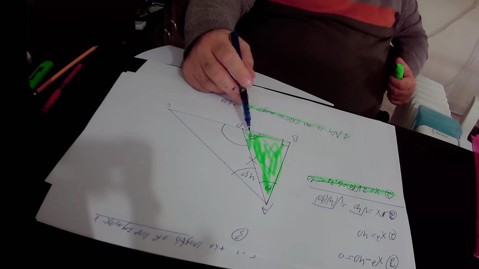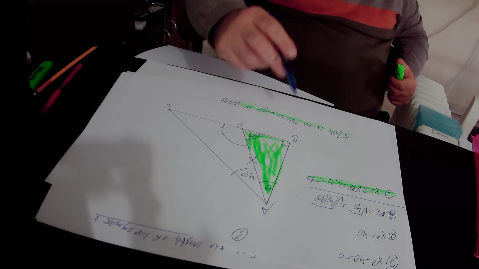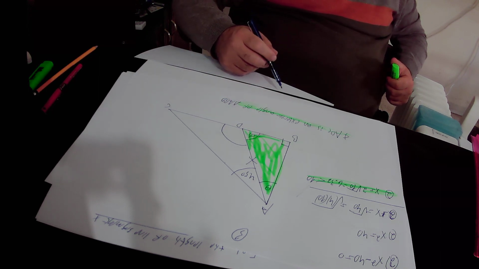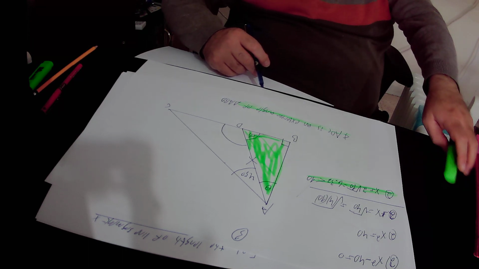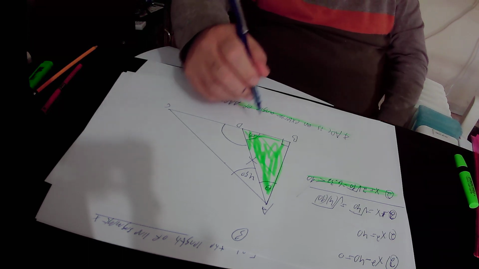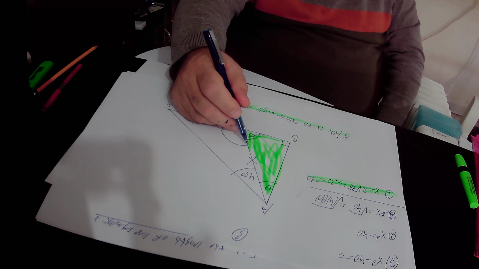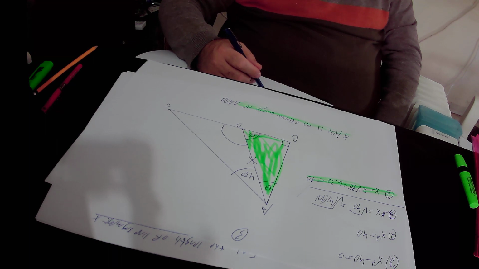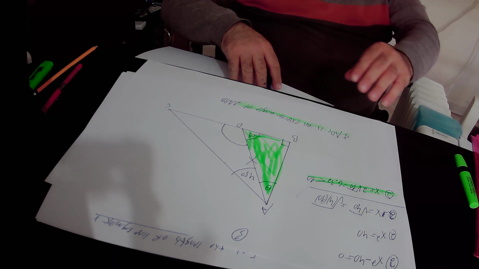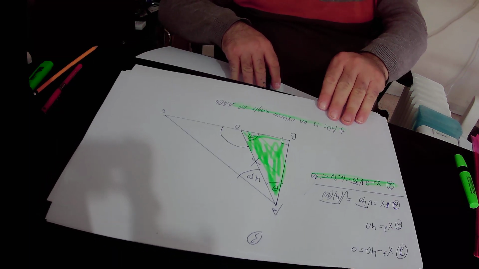Those are the three interior angles of the right green triangle, triangle ABD. And we have a rule that is related to the size of an exterior angle of a triangle. This will be rule number 1.